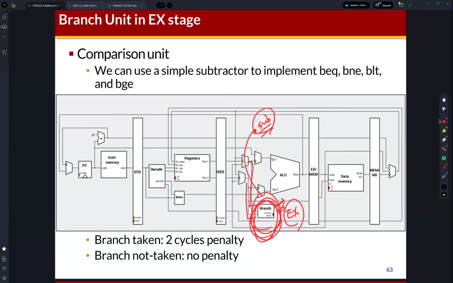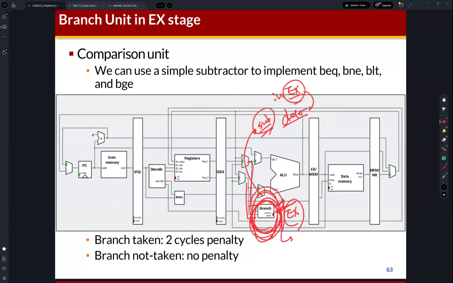Then we can calculate the result of a branch instruction earlier in the EX stage. Okay. So the branch is determined in the EX stage by this branch unit.